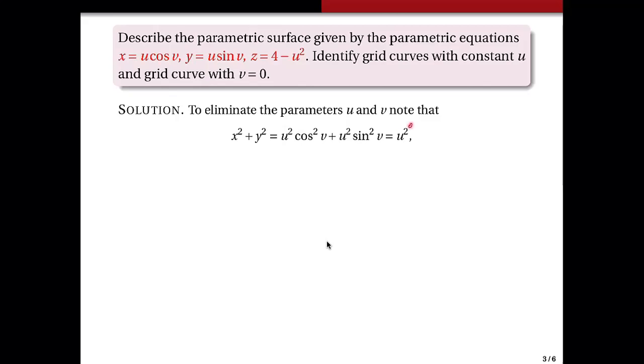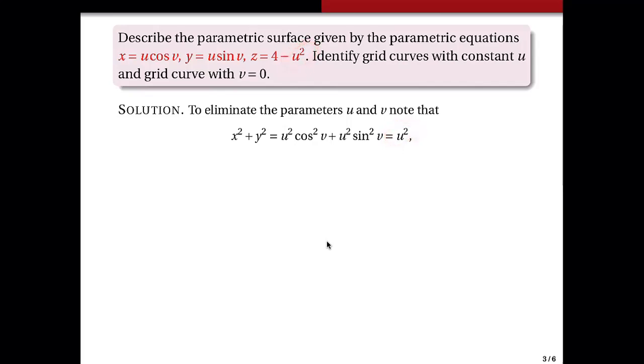But we still have the u in here. We can use the equation z equals 4 minus u squared and isolate u squared.